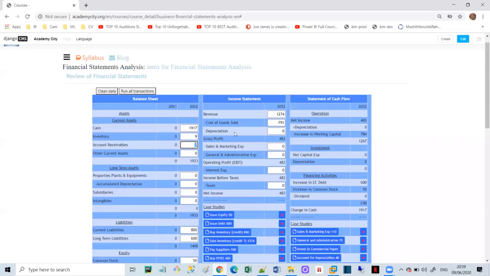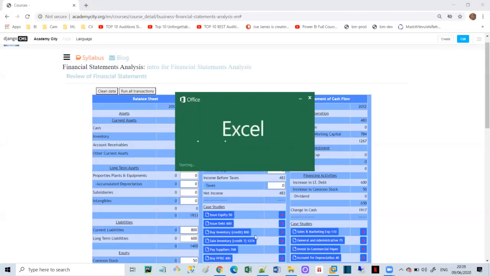So the difference between 12.74 and the 7 is the cash I collected. So how did I get the 1917? Let me open Excel for a second and I will convince you that that's exactly what it did.